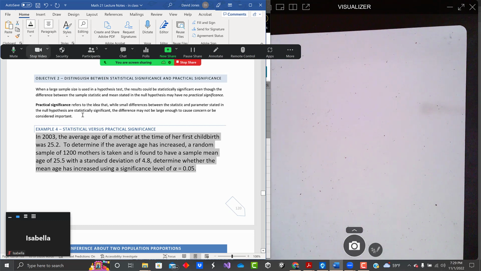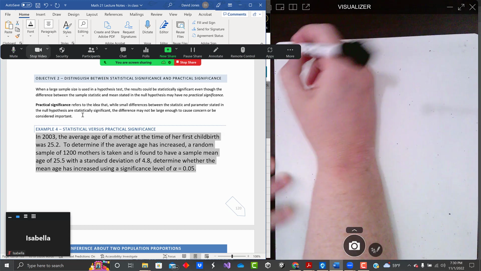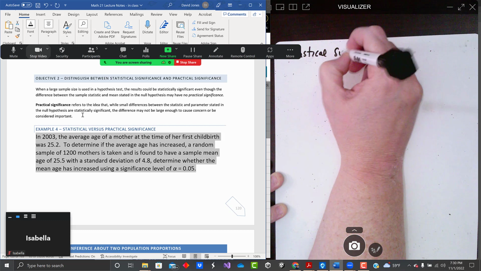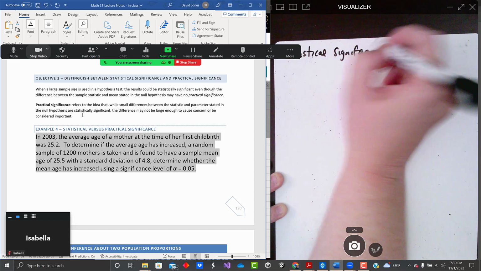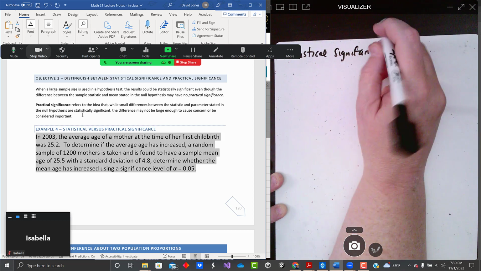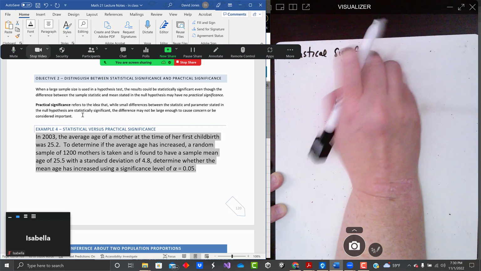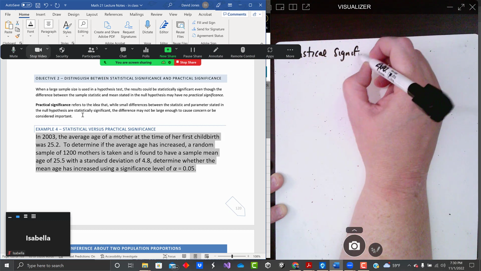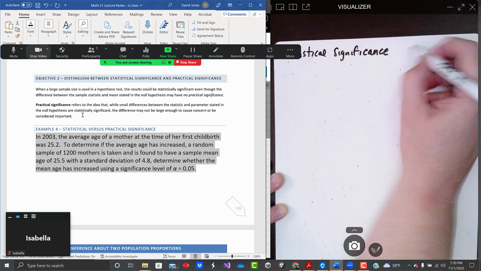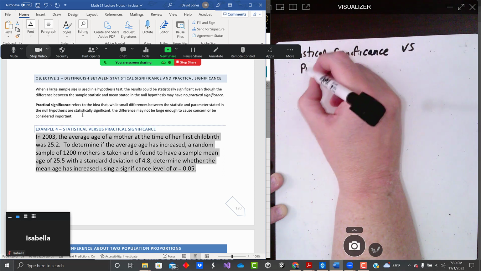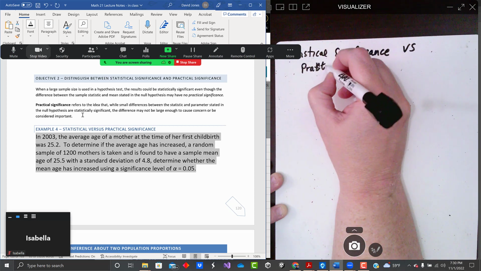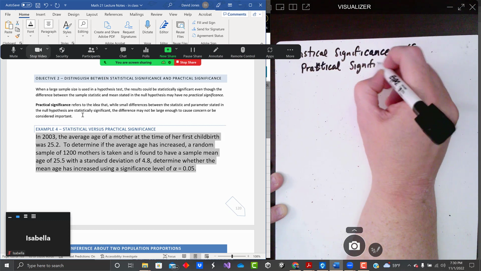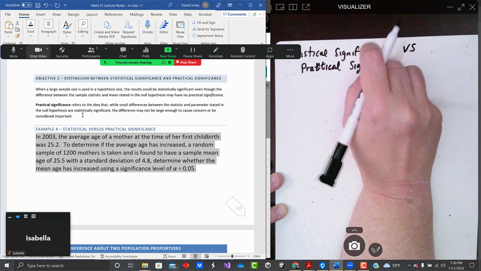So statistical significance versus practical significance. Gosh, all of a sudden I can't spell it.